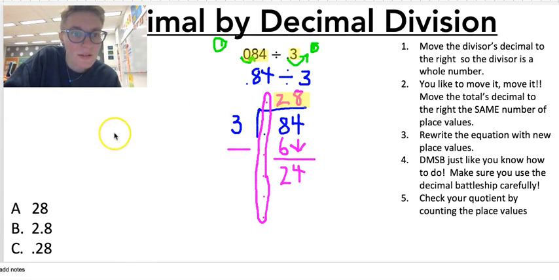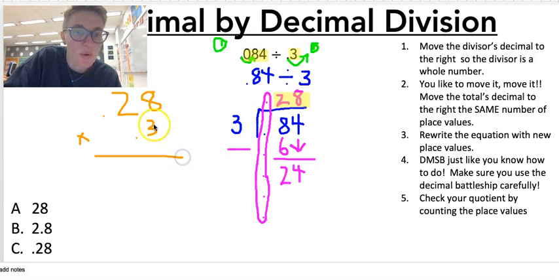We can do 0.28 or 28 hundredths times 0.3. If we ignore the decimals, it's just like our decimal multiplication. 3 times 8 is 24. We group the 2. 3 times 2 is 6 plus 2 more, that's 8.